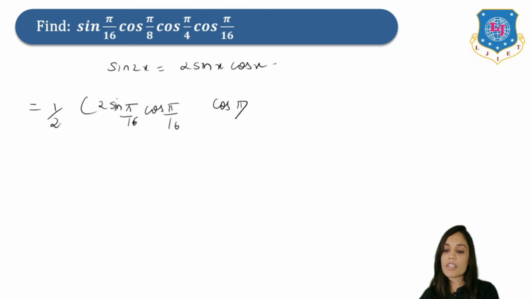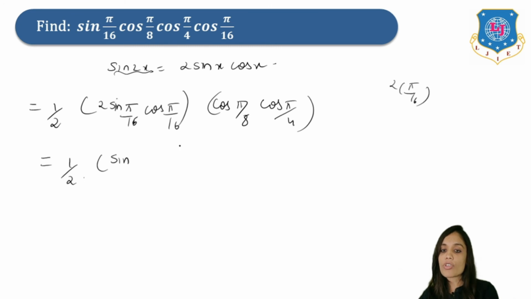Keep this as it is, that is cos pi by 8 and cos pi by 4. Okay. So this will become 1 upon 2 times sine 2x. So sine 2 times pi by 16, so I will get pi by 8. Okay. Into I have cos pi by 8 into cos pi by 4.